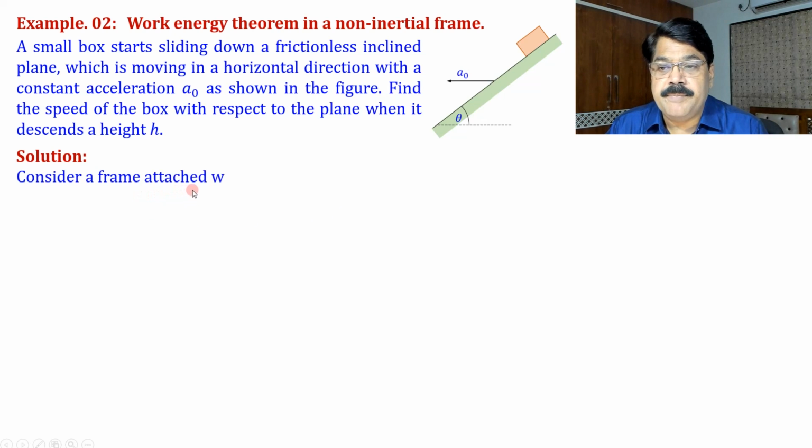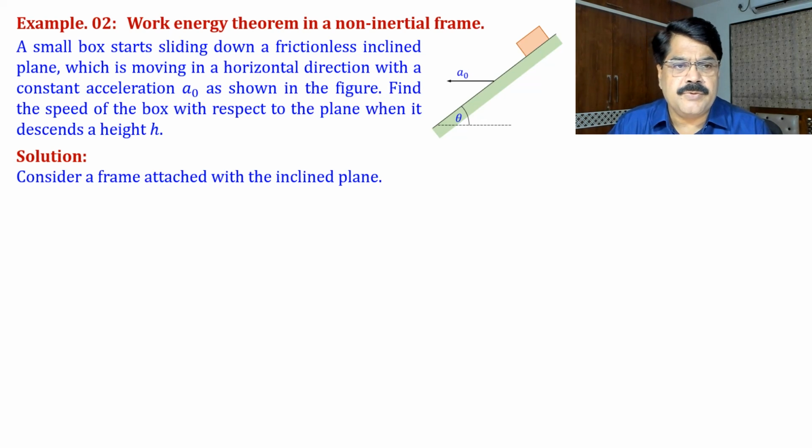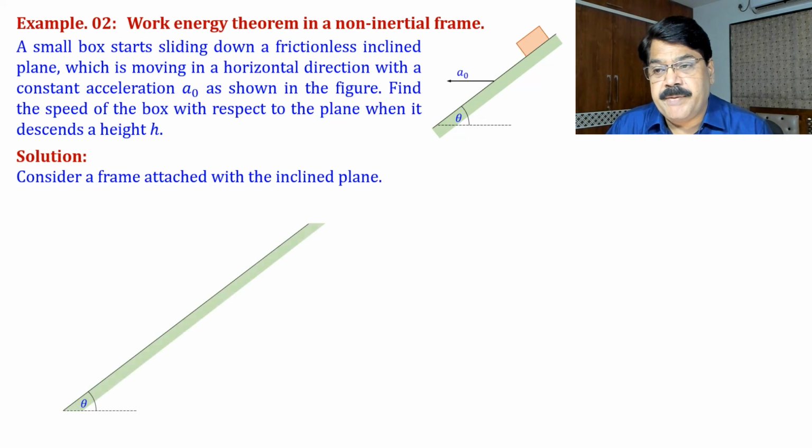Consider a frame attached with the inclined plane, and this frame will be our non-inertial frame because the speed of the box is asked with respect to the plane. So it is obvious to use here the work energy theorem in the non-inertial reference frame. We are redrawing the figure somewhat enlarged. We show the box in initial and final position.